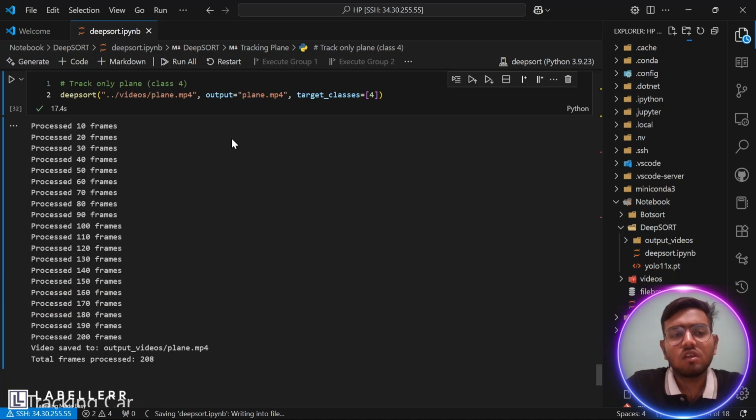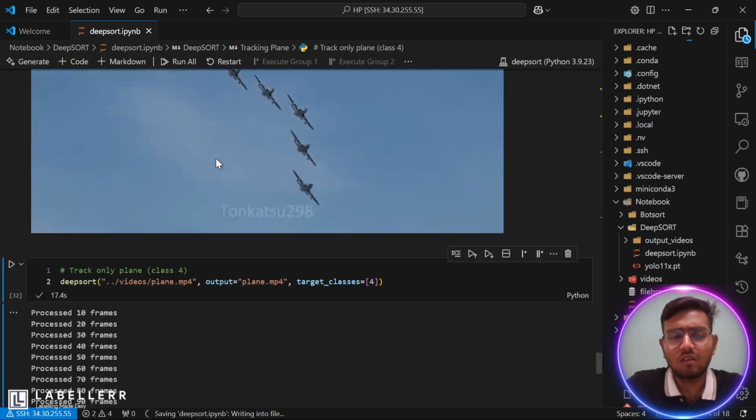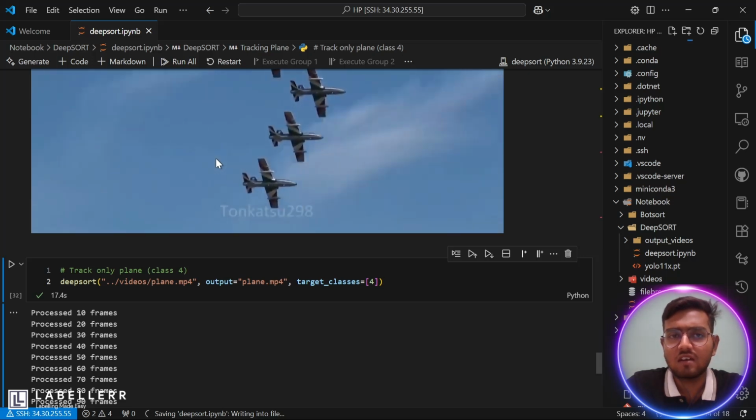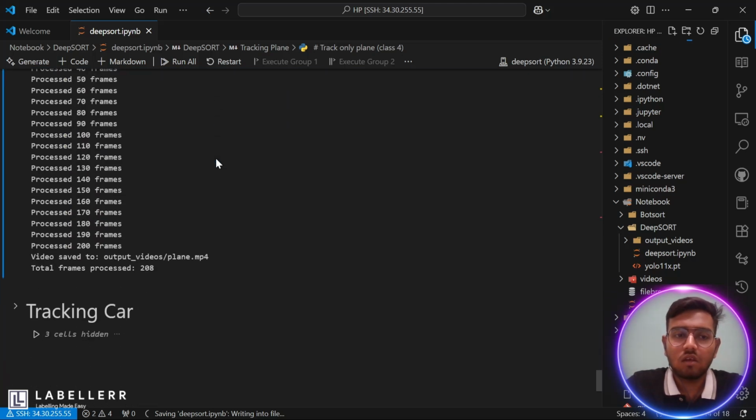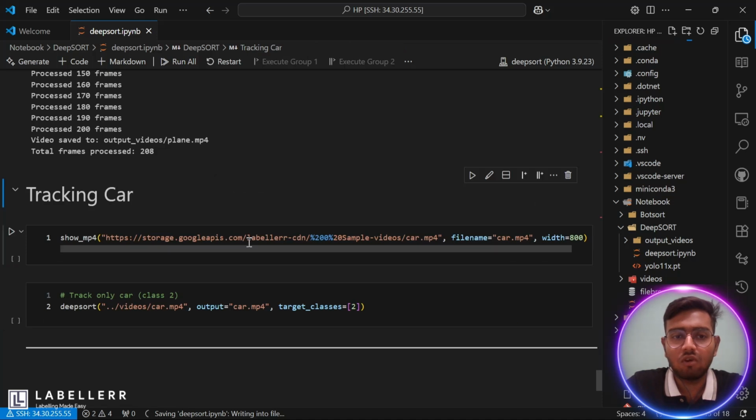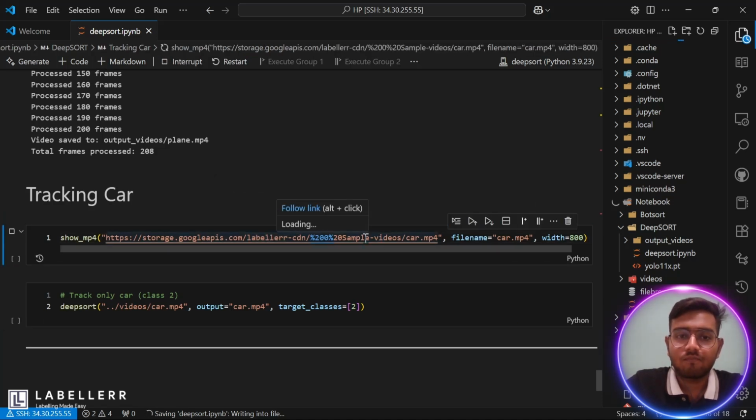As you have now seen the result of deep sort on planes, it was a pretty good result. The planes have been very clearly detected and the right identity was provided to each object. Now let's see the edge cases of deep sort. This is a video I'm going to use.